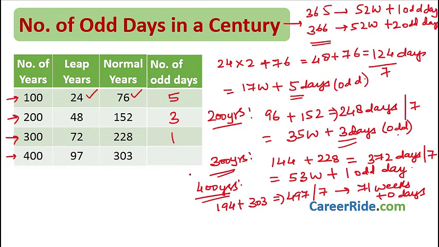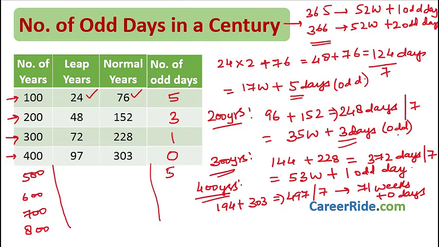So in a period of 400 years, there are 0 odd days, right? And now if you try to go further and find out for 500 years, 600 years, 700 years and 800 years, you will see that this pattern will repeat.